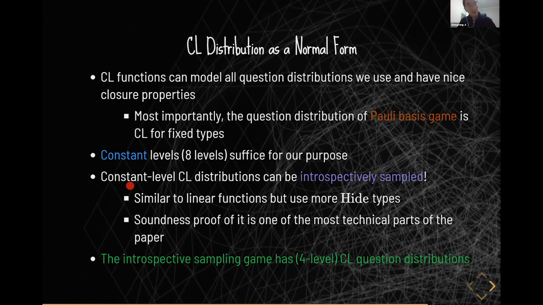So in the end, you can see that constant-level CL distributions can be introspectively sampled. And that's important because now you can model the distribution recursively. You start with some big CL distribution, you end up with some new game which is still using CL distributions, and that's how we make the compression procedure recursive.